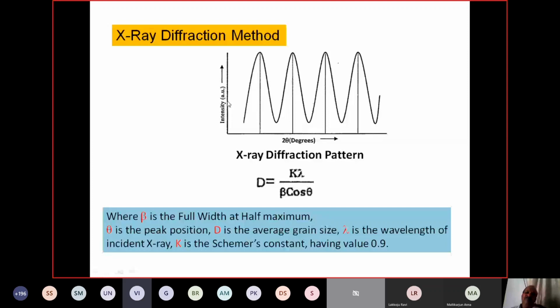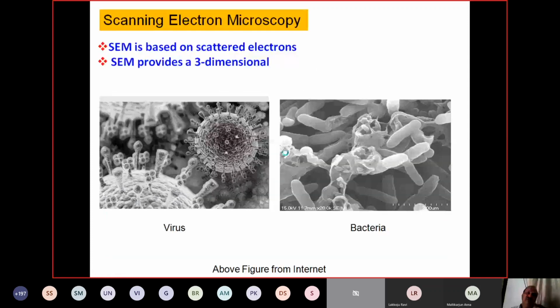The second one is scanning electron microscopy. Nowadays we have high resolution microscopes available, so by using scanning electron microscopy we can measure the size and get a 3-dimensional picture. You see here the COVID virus, the coronavirus, we are getting this 3-dimensional picture.